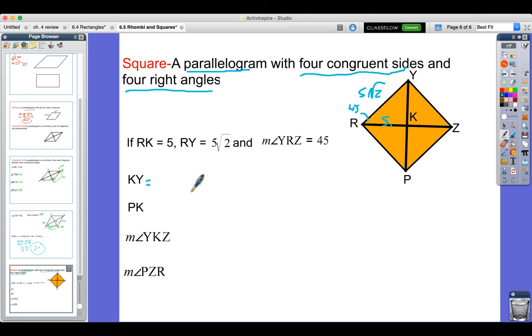These are congruent, remember, so that's 5. What is PK? That's 5. What is YKZ? What is this angle right here? Again, it's like a rhombus. It's perpendicular, 90 degrees. And what is PZR? All angles got bisected, so that's 45 as well.